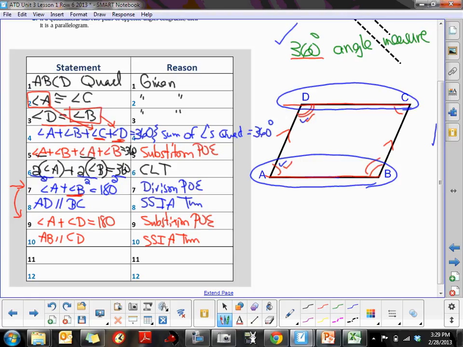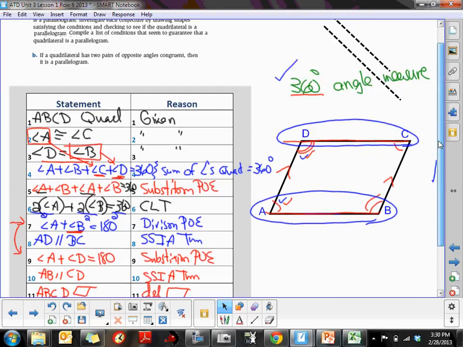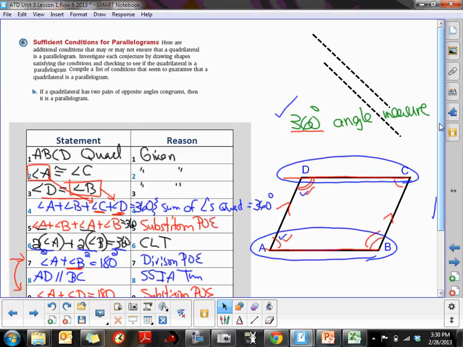So now we know that figure ABCD is a parallelogram by definition of a parallelogram. So this is another sufficient condition to prove that if it's a four-sided figure that has opposite angles that are congruent, then it must be a parallelogram.